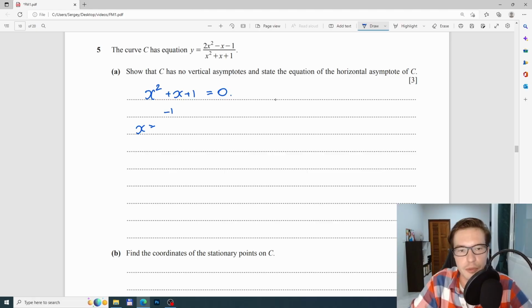It's minus 1 plus or minus square root of b squared minus 4ac, 1 minus 4, over 2. And this, of course, has no solutions because 1 minus 4 is smaller than 0. So no solutions, so no vertical asymptotes.